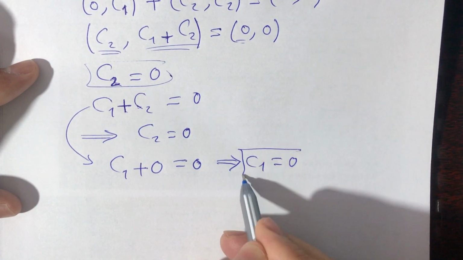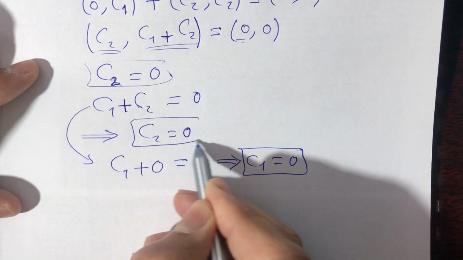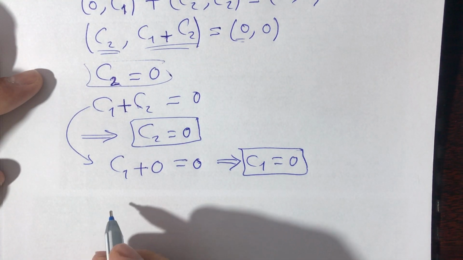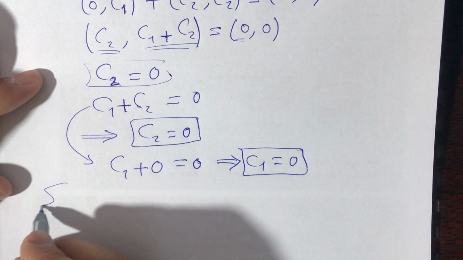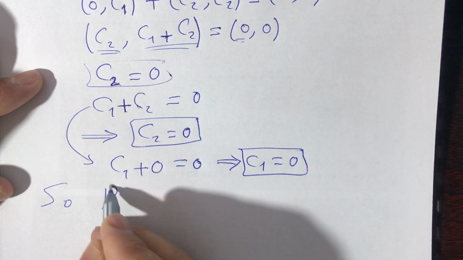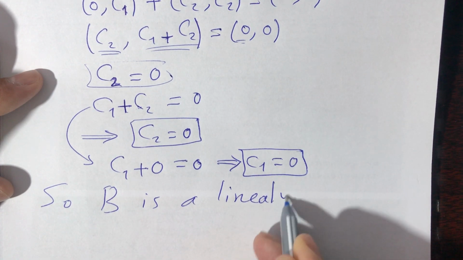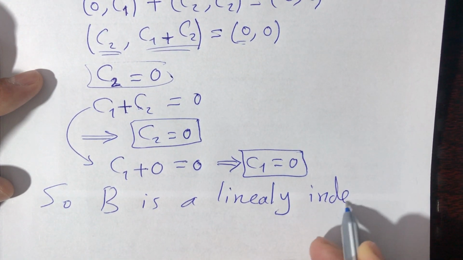So C1 equals 0 and also C2 equal to 0. So this means B is linearly independent.